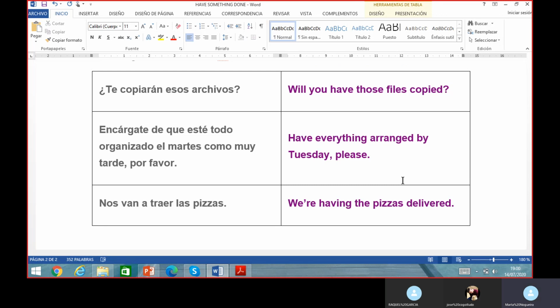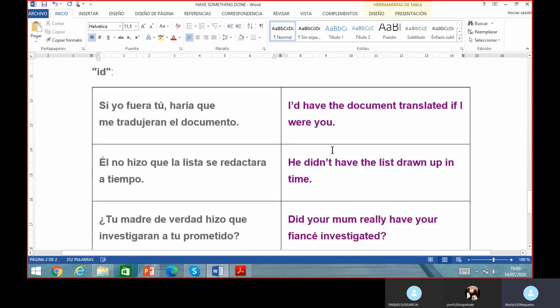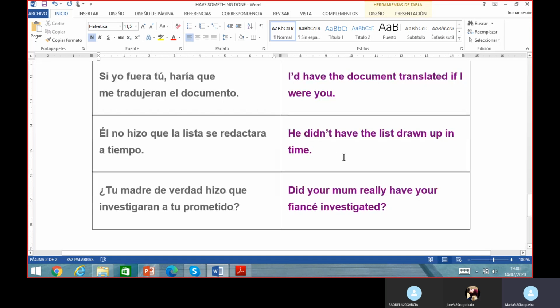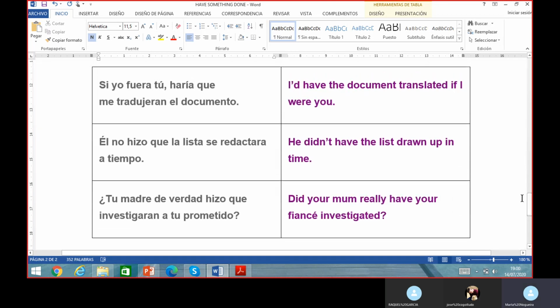Okay, with this you can also learn some vocabulary: archivos is files. Traer, when you order something to a restaurant, you say deliver. And this is basically it. And this is the last one, okay, the last examples. So tell me if you understand.